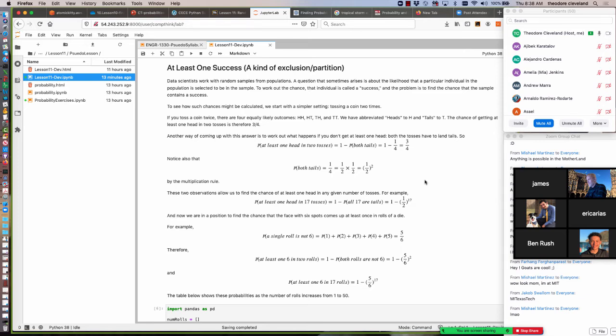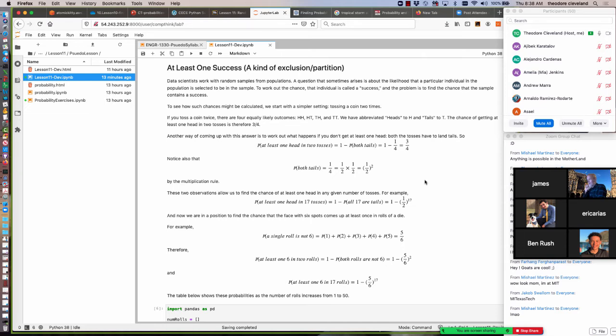And in fact, it becomes 1/2 to the power of the number of tosses. So these two observations let us find the chance of at least one head in any given number of tosses. For instance, the probability of one head in 17 tosses is 1 minus the probability of 17 tails in a row, which is 1 minus 1 over 2 raised to the 17th power.